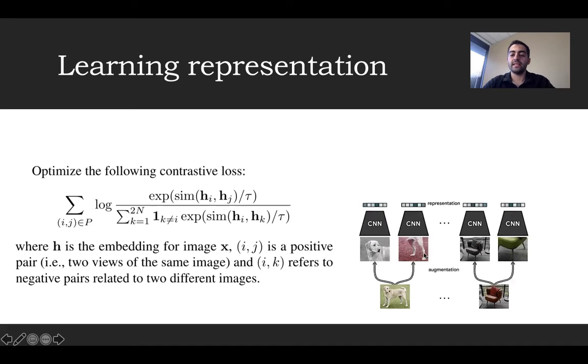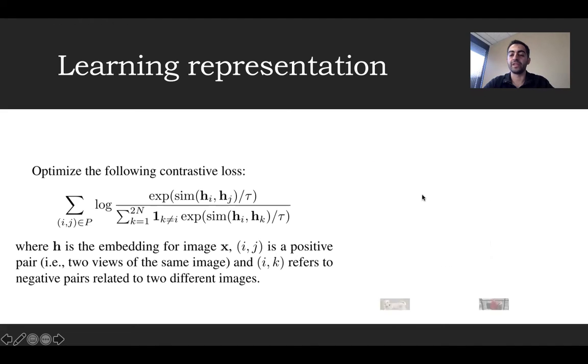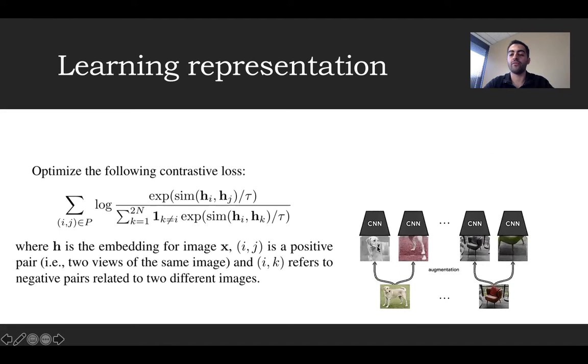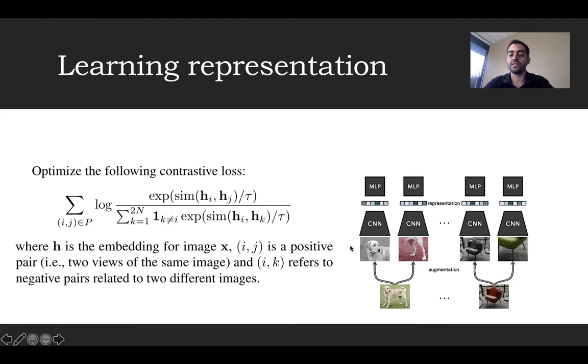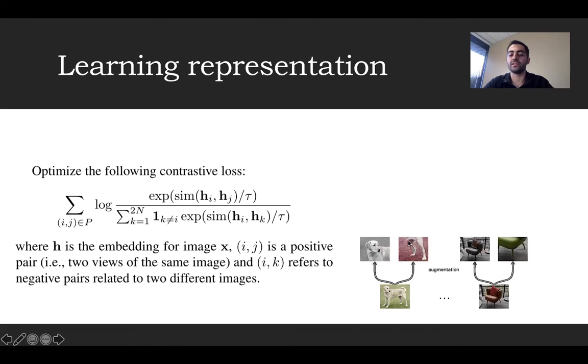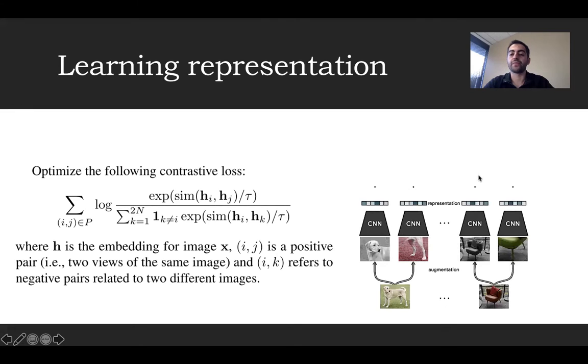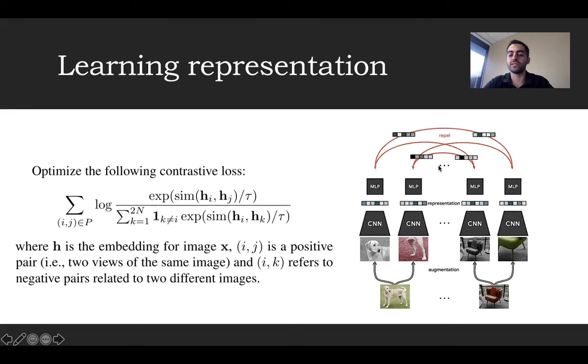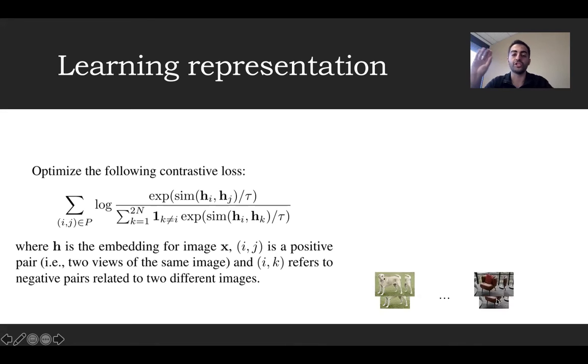If we pass these four images through a neural network, we expect the representations that we learn for the noisy versions of one image to be closer to each other than the representations of two images that are not from the same initial photo.